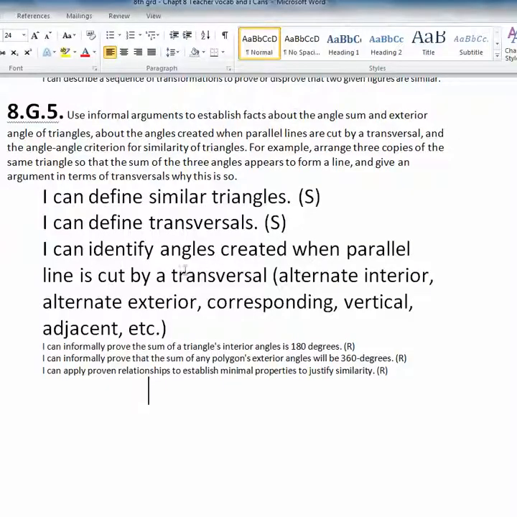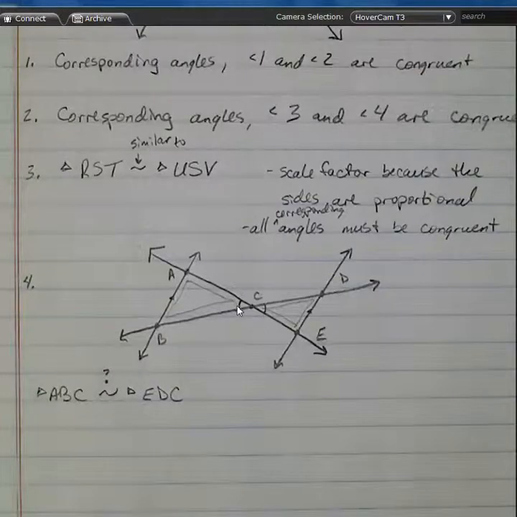One of these words. Are they alternate interior, alternate exterior, corresponding, vertical, or adjacent? These two are vertical angles.